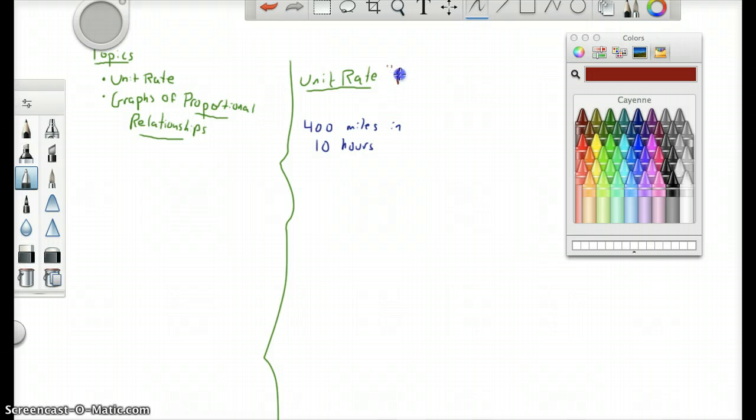So per one, okay? So I want you to think for a second. If this car was able to travel 400 miles in 10 hours, how far was it able to travel in 1 hour? Okay, so you can probably figure out pretty quickly with some basic division that it's going to be 40 miles, okay?